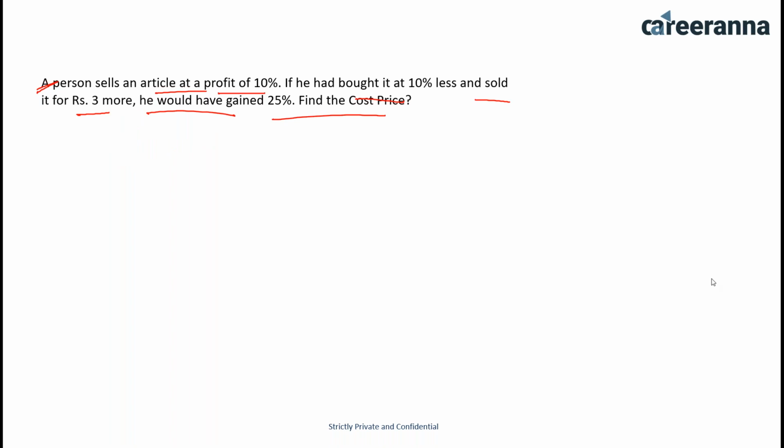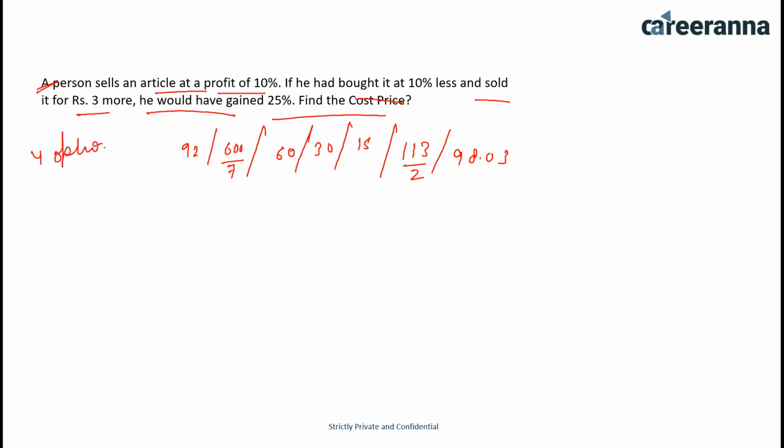Very good, very good. So your answers are 92, 600 by 7, 60, 30, 15, and 113 by 2. Okay, very good, Anmol. On 98.03. And in the actual CAT exam or IPMAT exam, I have only 4 options. And now there are 1, 2, 3, 4, 5, 6, 7.